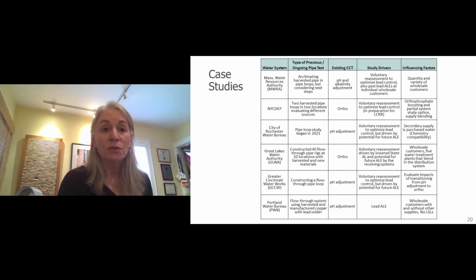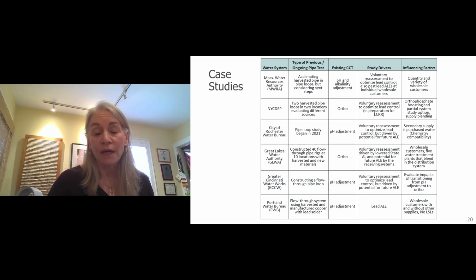And finally, I just wanted to give a shout out for the case studies. Eleven utilities provided detailed case studies, and we had a variety of conditions. They describe what type of treatment they have, what their driver was for doing their study, and what their key influencing factors were. So hopefully, if you are embarking on this road, you can find a utility that's got a somewhat similar situation and see what they did, what worked for them, what didn't work, and where they are in their study.